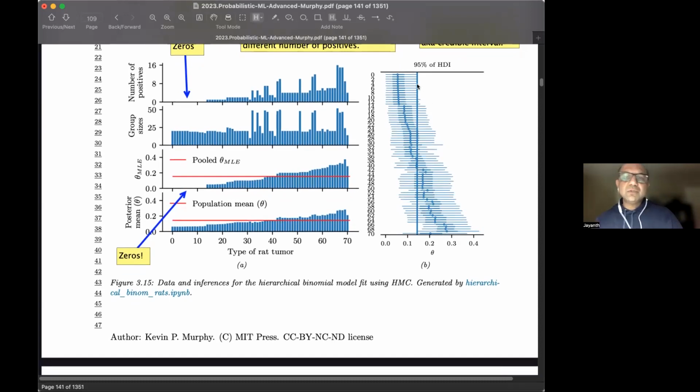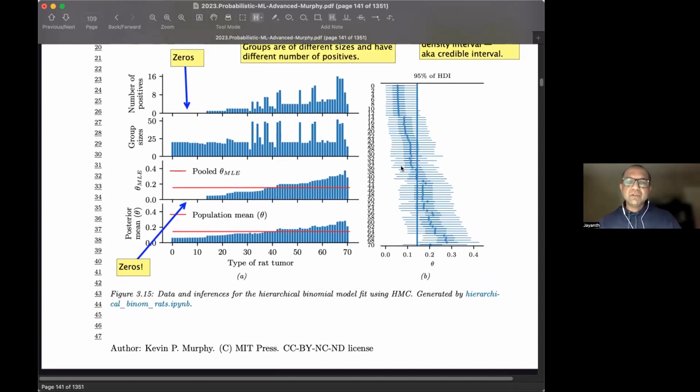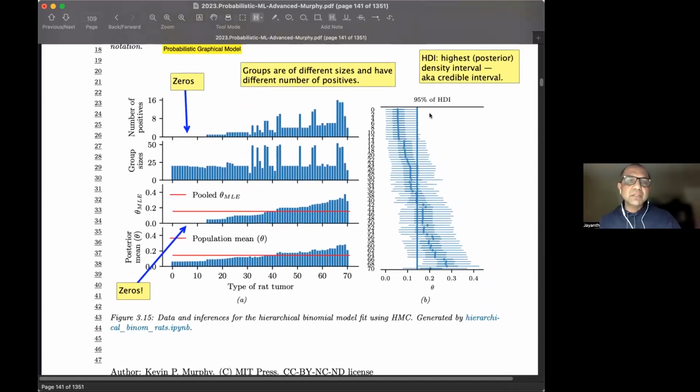The other thing to note here is that this is shown in a forest plot. The HDI is nothing but the credible interval. For the 95% case, you look at the projection of the distribution and take the region that captures 95% of the area around the mean. And it is drawn for these 70 different groups.